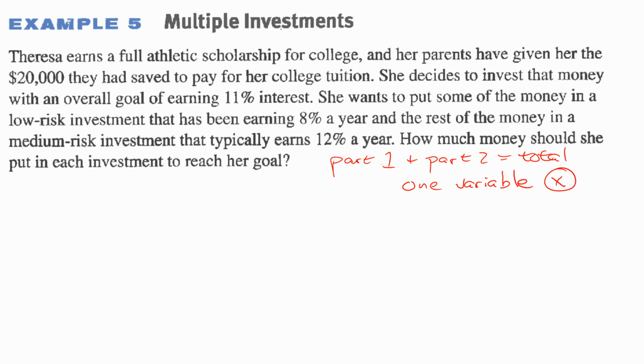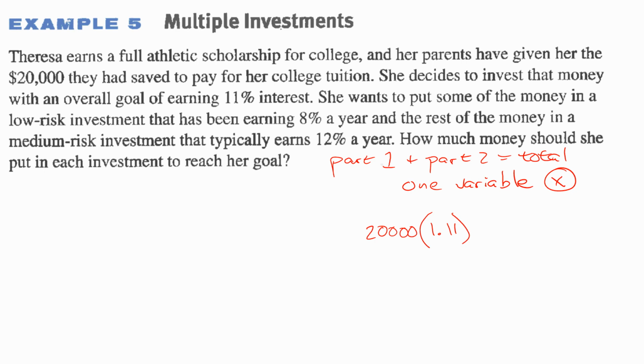Teresa earns a full athletic scholarship for college, and her parents have given her the $20,000 they had saved to pay for her college tuition. Nice for her. She decides to invest that money with an overall goal of earning 11% interest. So that's going to be our total. She's going to take her $20,000 and multiply it by 1.11.